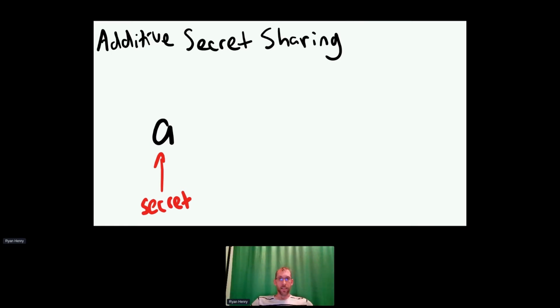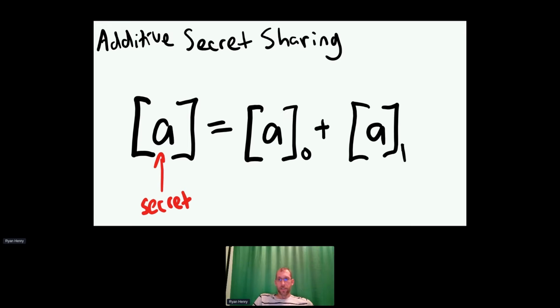So secret sharing is a very foundational technique in cryptography. We're using potentially the very simplest form of secret sharing. I mean, depends how you look at it, but this is certainly one of the simplest, most naive ways you could do this. So we have a secret. In this case, the secret is the number A, and we share it by just expressing it as the sum of two things.